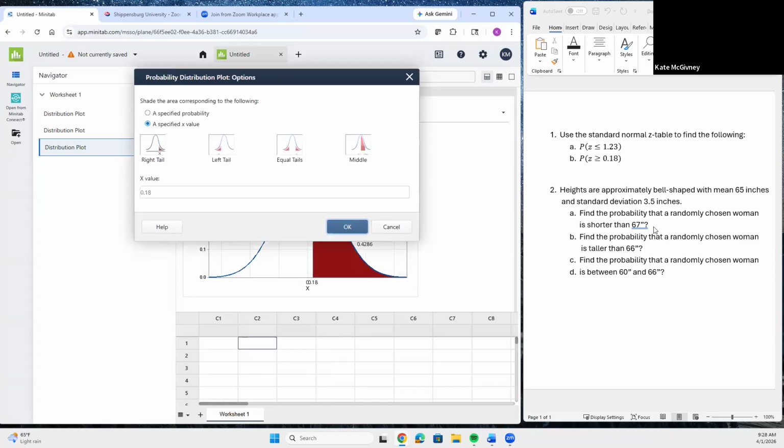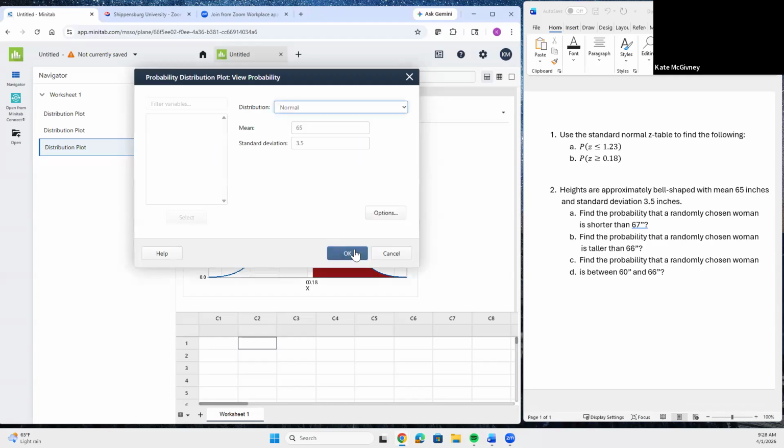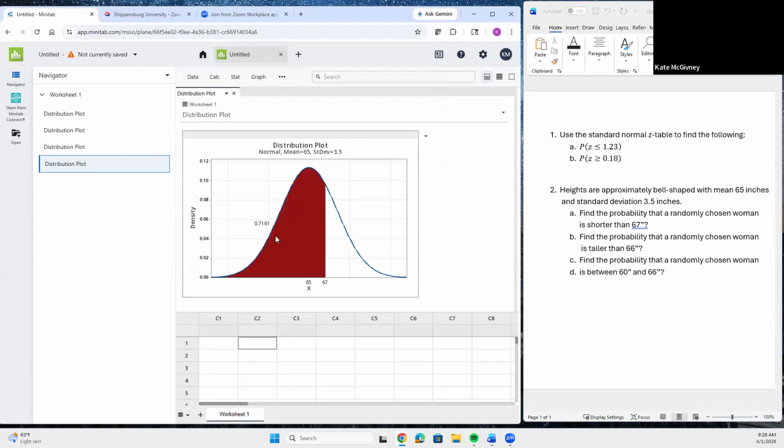In part A, I want to find the probability that a woman is shorter than 67 inches. So now my value on the x-axis is 67, and I want shorter than, so I want left tail. Click OK and OK again, and you can see that about 71.61% of women are shorter than 67 inches tall.